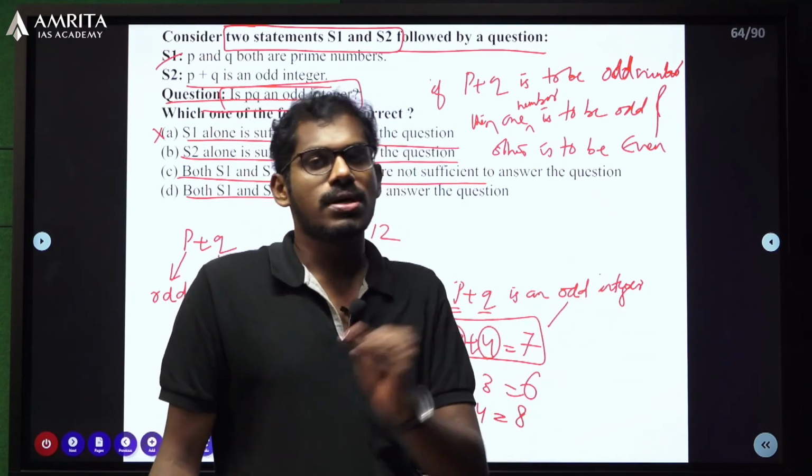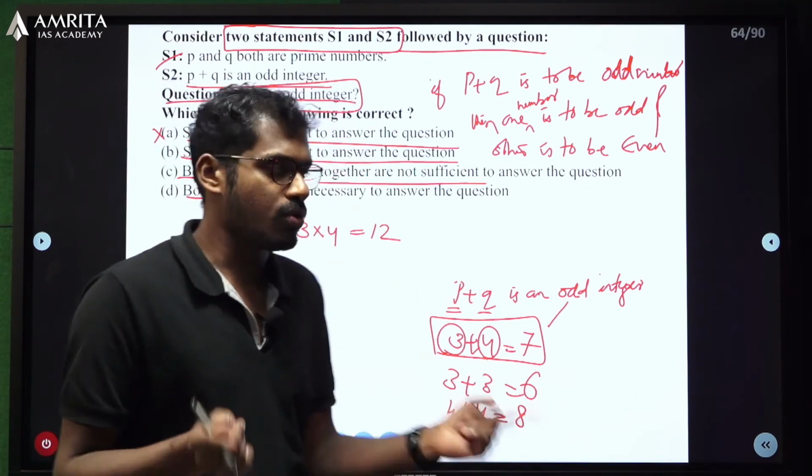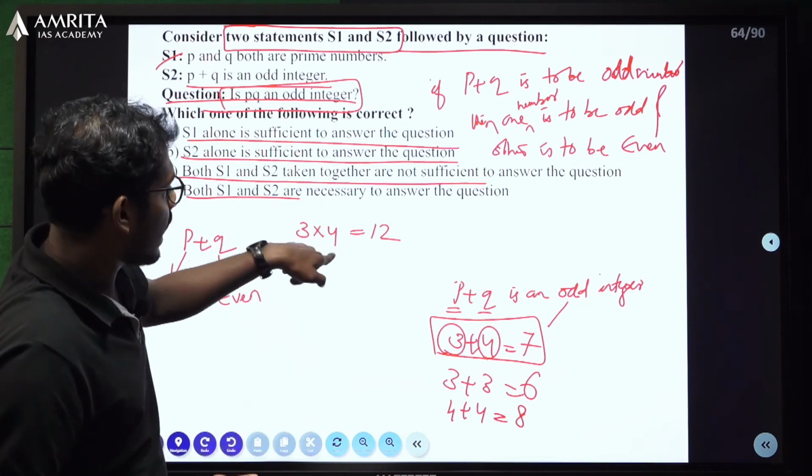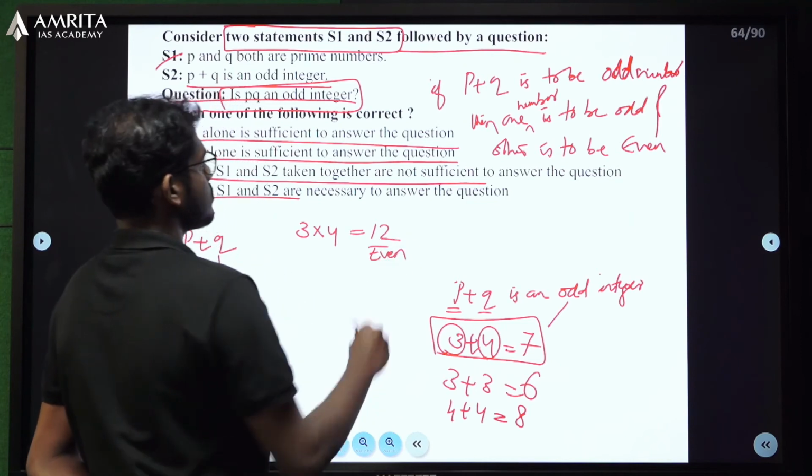If P is an even number, then Q must be an odd number. So one number is odd, the other is even. Suppose P is odd and Q is even. What if an odd integer and an even integer are multiplied? When an odd number and an even number are multiplied, the product will be even.